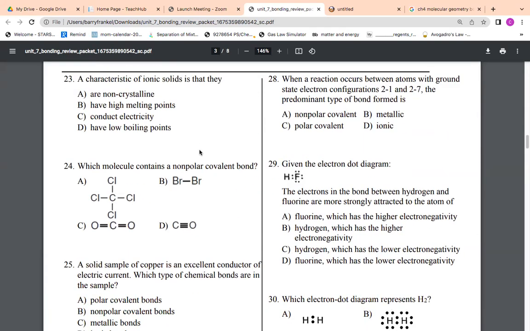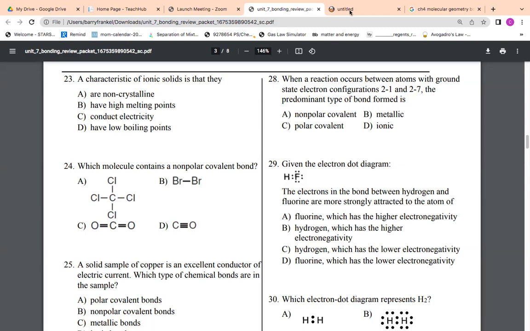Number 28. When a reaction occurs between atoms with ground state electron configurations 2,1 and 2,7, the predominant type of bond formed is... Let's figure out what these elements are.